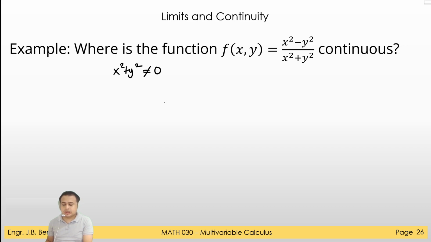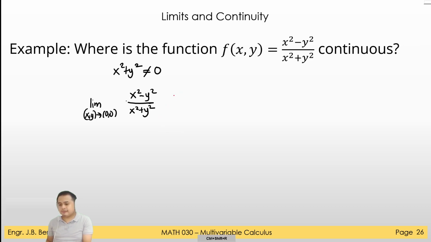And if this is not equal to 0, then what are the categories that will be equal to 0? So we can find the limit as x and y approaches 0, of x squared minus y squared over x squared plus y squared. Okay, so what can we do here?